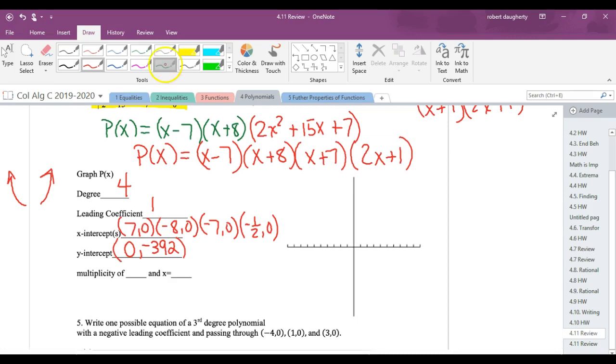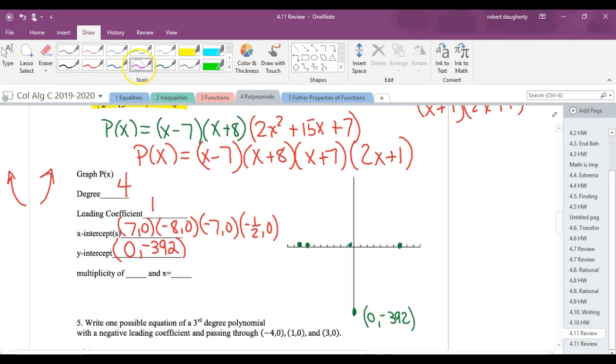It's going to cross at each of these points. So at -7, 1, 2, 3, 4, 5, 6, 7, crosses there. Positive 7, 1, 2, 3, 4, 5, 6, 7. It's going to cross at -8 and at -1/2, which is about right here. Y-intercept is (0, -392).